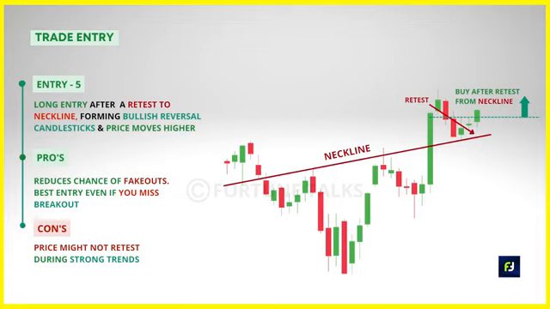Now this retest technique lets you time your trade entry and even take up positions at better prices. But the downside is that there is no guarantee that the price will retest the level, especially if the market is in a strong uptrend, and you might miss out on the trade altogether.